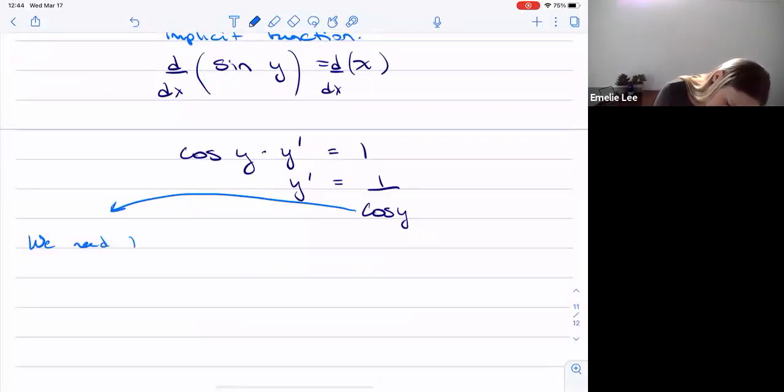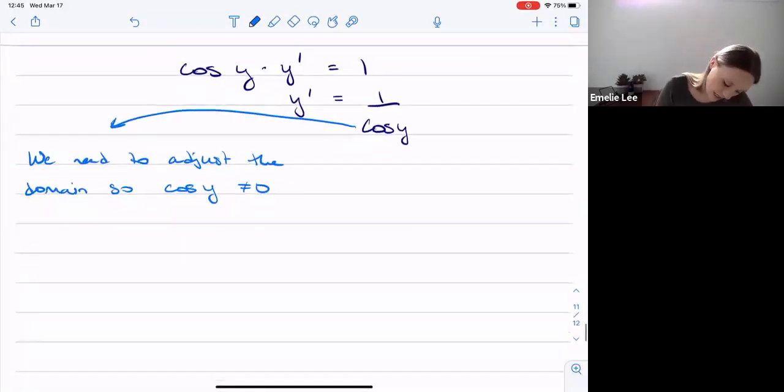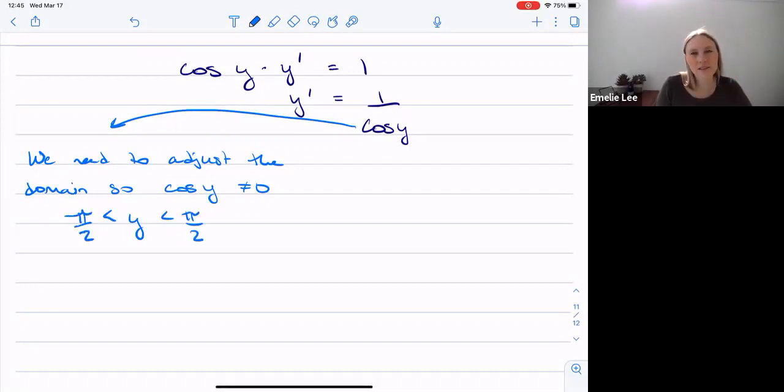We need to adjust the domain so cos y does not equal 0. So our new domain is that y is not including negative pi over 2 up to pi over 2. That's just a side note.